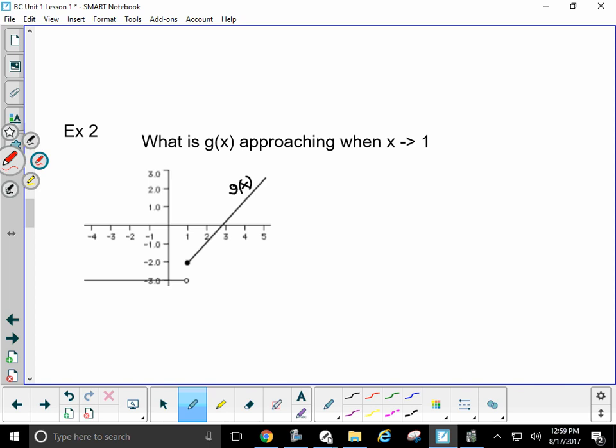If I look for values just to the left of 1, at like 0.5 to 0.99999, my function values are down here at -3. But if I look to the right of 1, at 1.5 to 1.1 to 1.001, my function values are over here at this angled piece, and it's approaching -2. So at 1, it's tough to say. It looks like we're approaching 2 different things, and we actually are.